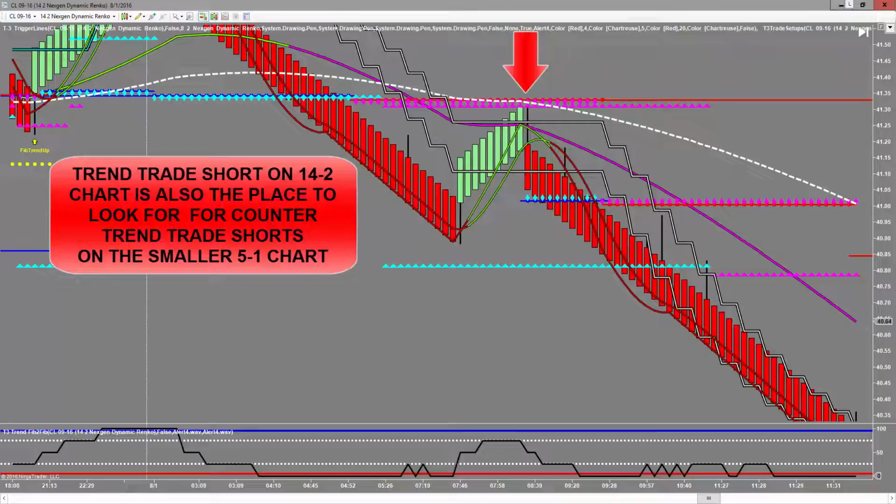So again, the trend trade is a vital component for trading long or short with Fibonacci areas with the trend. But if you use a larger time frame chart, that look also becomes instrumental in counter trend trades on your short chart.